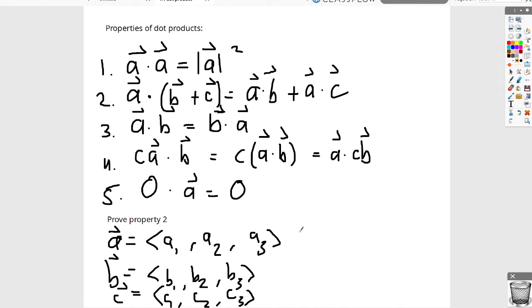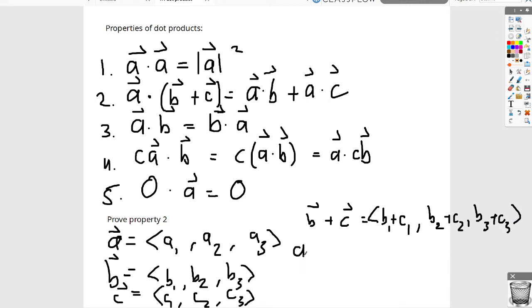Then B plus C is B1 plus C1, B2 plus C2, B3 plus C3.